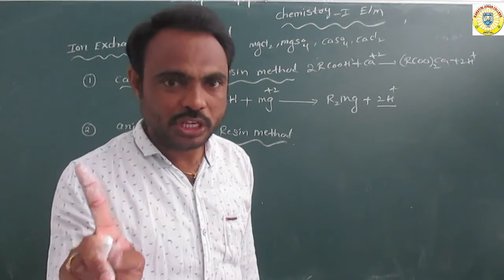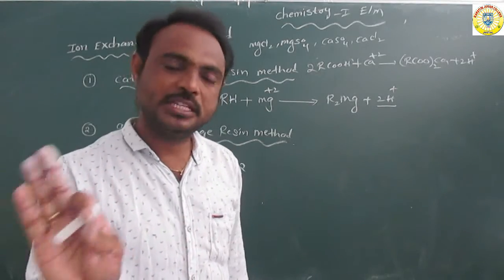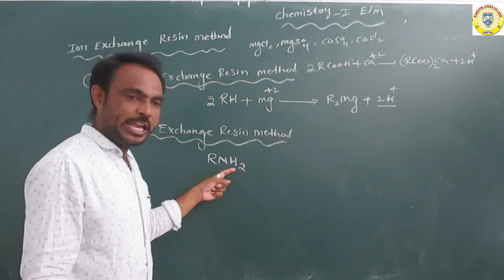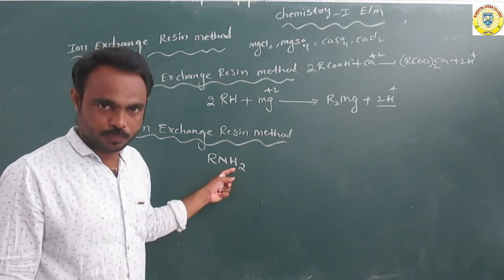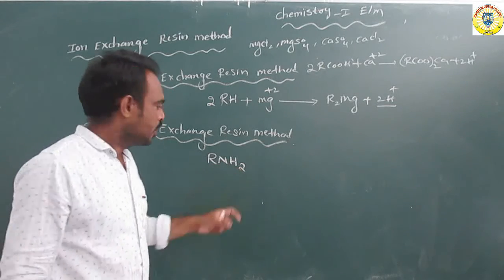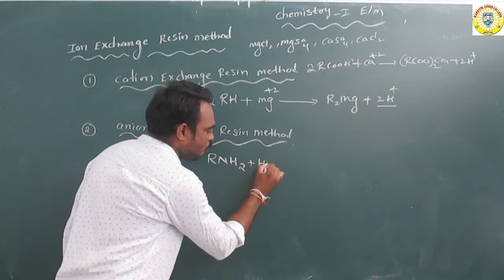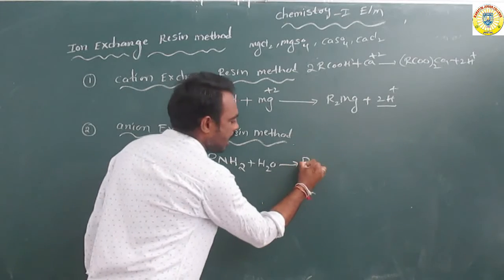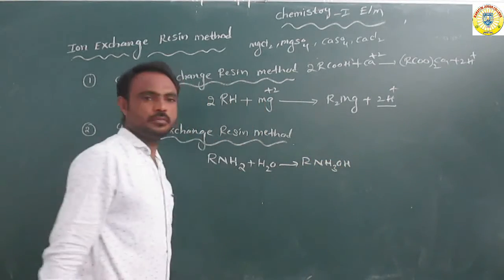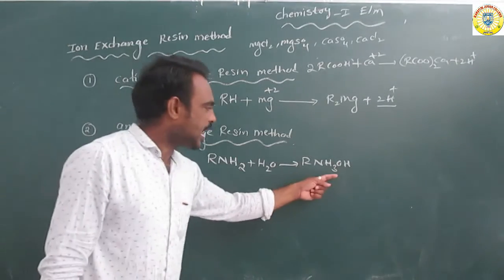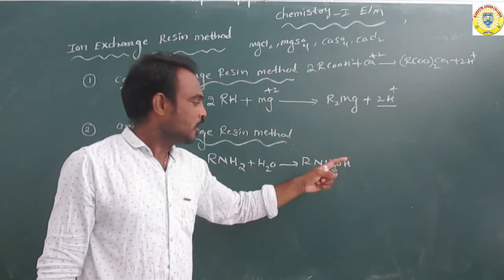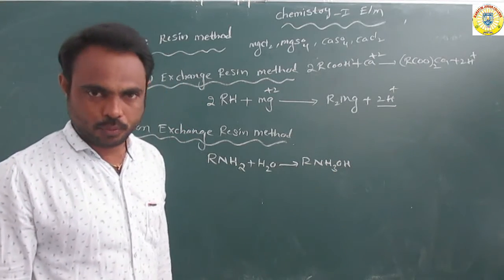So overall RNH2 reacts with the water molecule to form RNH3OH. RNH3OH means hydroxide, so it is a basic compound.